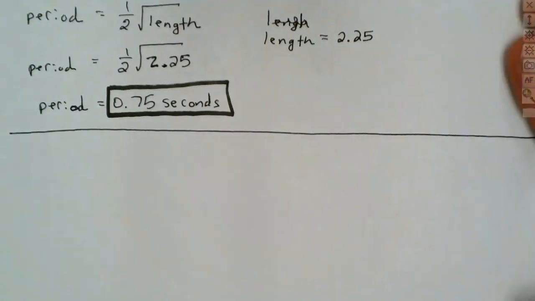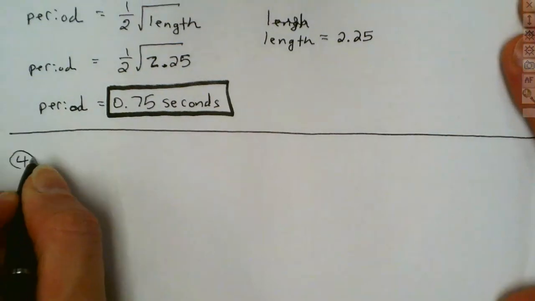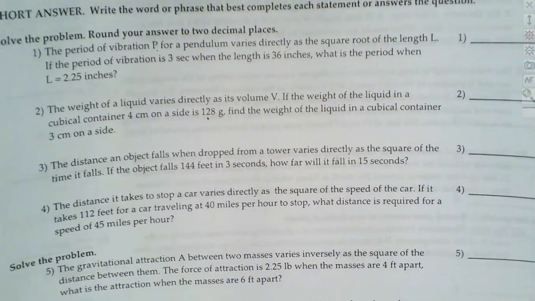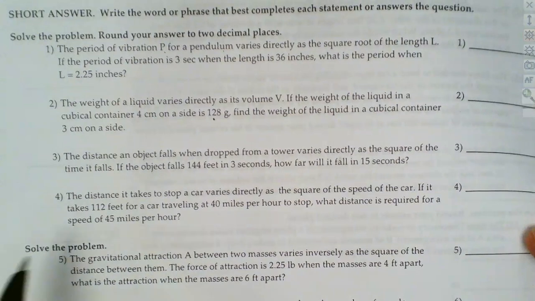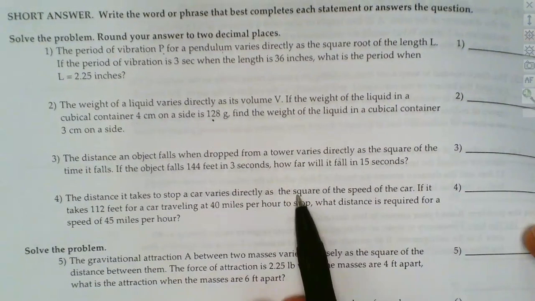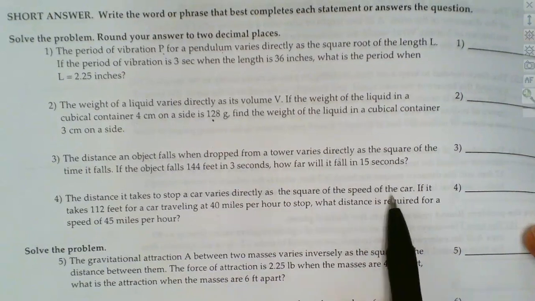Question 4 is another direct variation question. The distance it takes to stop a car varies directly as the square of the speed of the car.